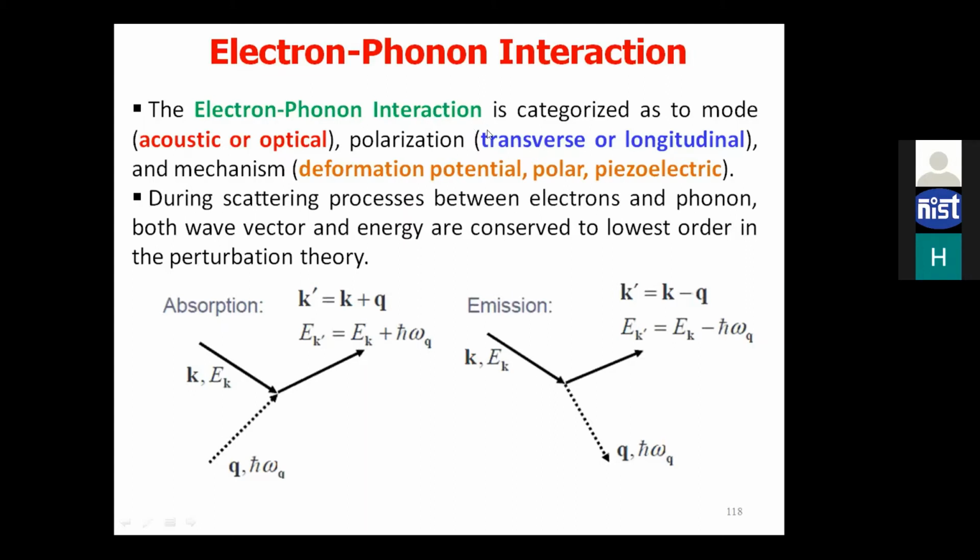You can see the electron-phonon interaction falls under different categories, such as acoustic phonon or optical phonon, which we will discuss. Or due to polarization: if the particular material is polarized due to the asymmetric nature of the crystal, it can also give you scattering.